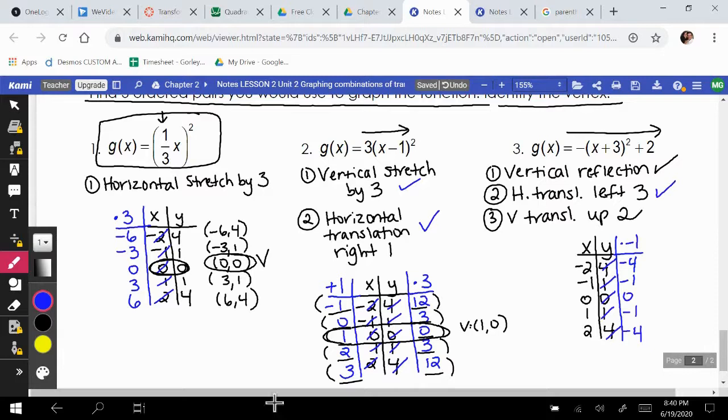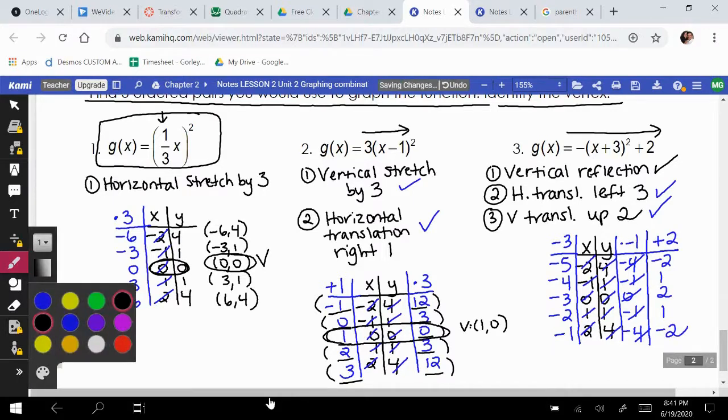For horizontal translation left 3, I change my x values and I subtract 3 from them. Okay, and then vertical translation up 2, I'm going to add 2 onto my y values. Okay, and those would be my new points that I would graph.